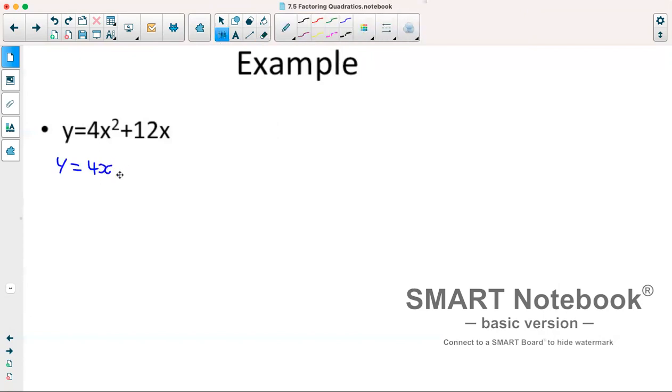So we've got 4x times x plus 3. Now, if we were asked to solve this, we'd have x is equal to 0 because if x equals 0, 4 times 0 is 0 times this gives us 0. And from here, we would have -3.